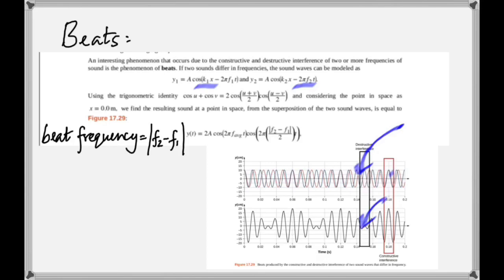As you can see, they cancel out. So you have both constructive and destructive interference, which produces the change in intensity going from 0 to a maximum, as you can see. So that's called one beat.